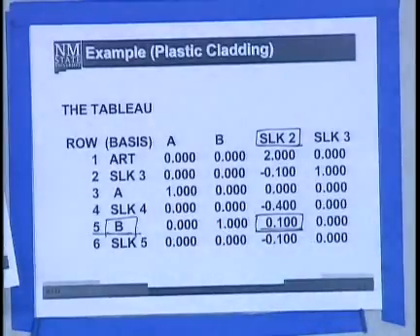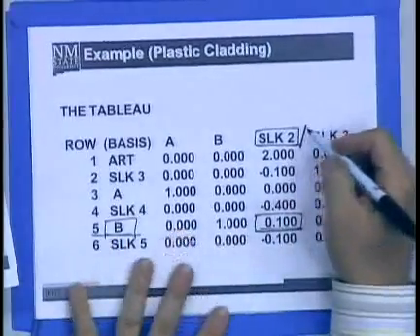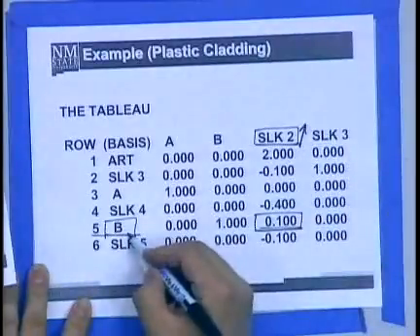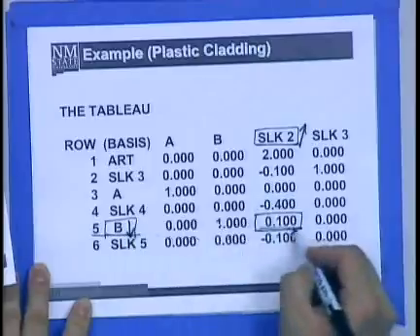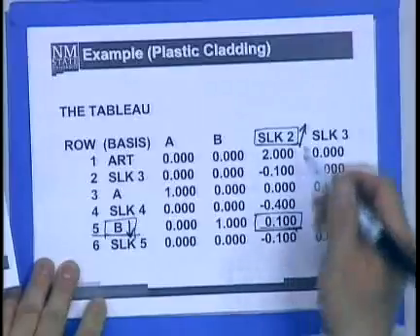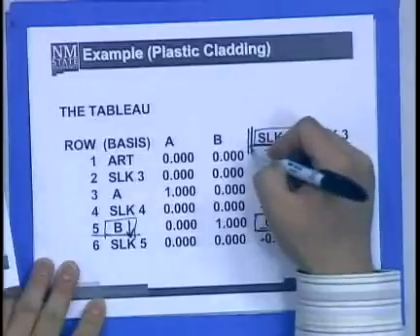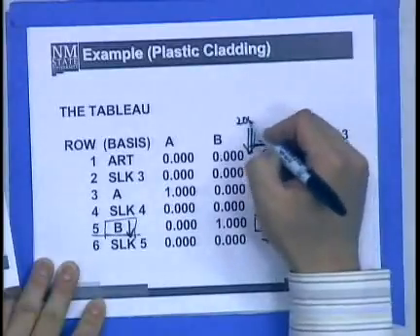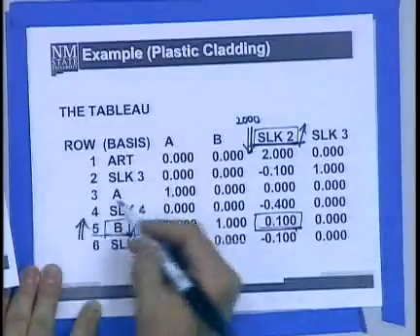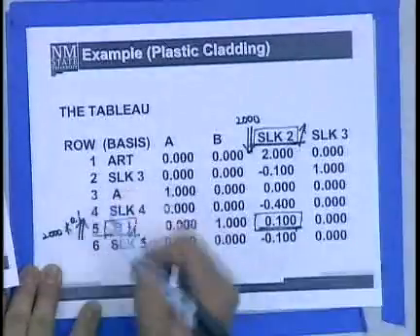So how would you conclude? As slack 2 increases 1, the basic variable B decreases 0.1. Is that right? So as slack 2 decreases 2,000, the basic variable B increases 2,000 times 0.1. Is that correct?